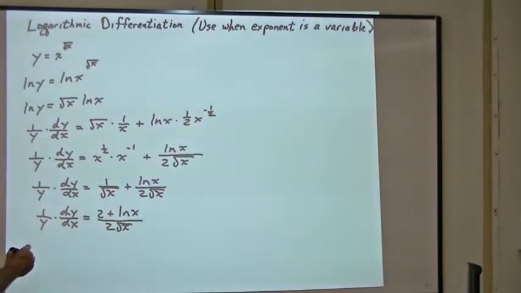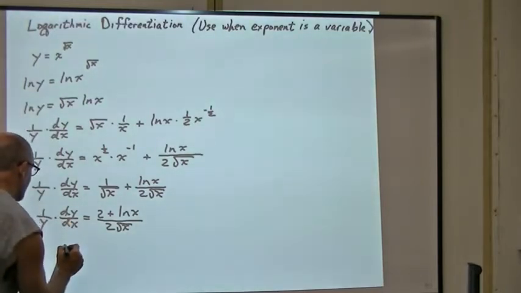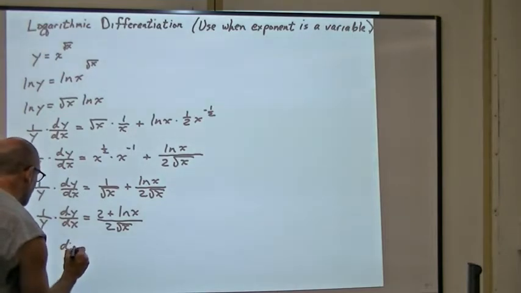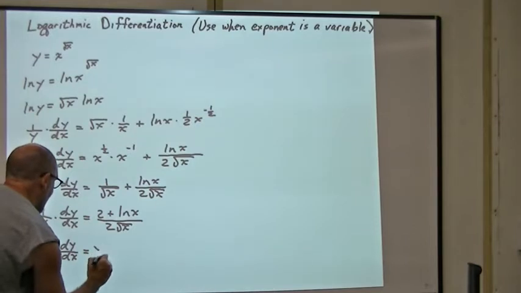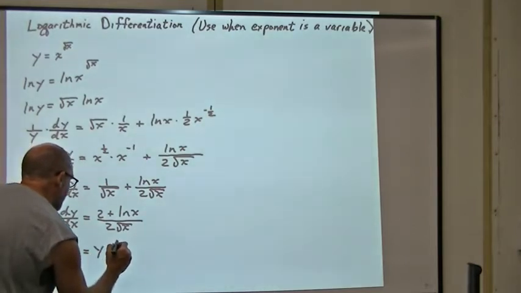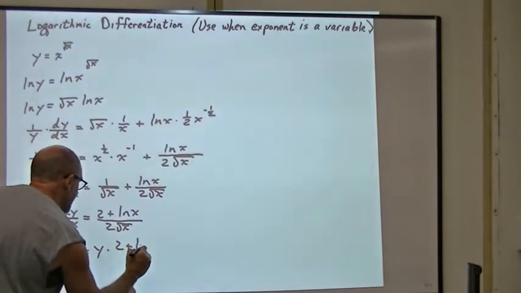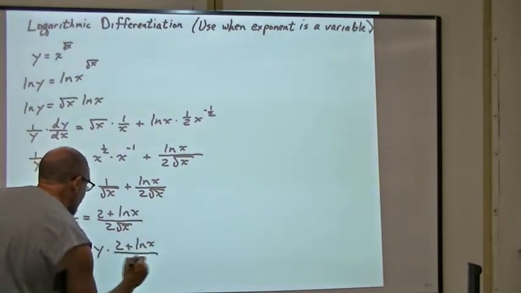So that means dy dx equals y times 2 plus natural log x over 2 square root of x.